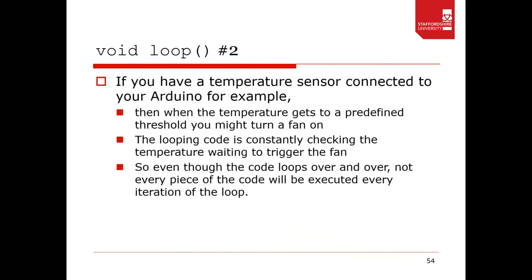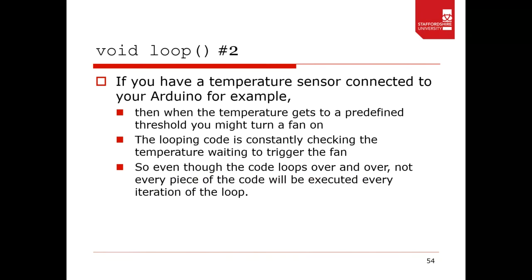So imagine we've got a temperature sensor connected to the Arduino. When the temperature gets to a certain temperature, a threshold, then you might want to do something. The looping of the code is constantly checking and waiting to trigger the fan. So even though the code loops over and over, not every piece of code is going to be executed every time.